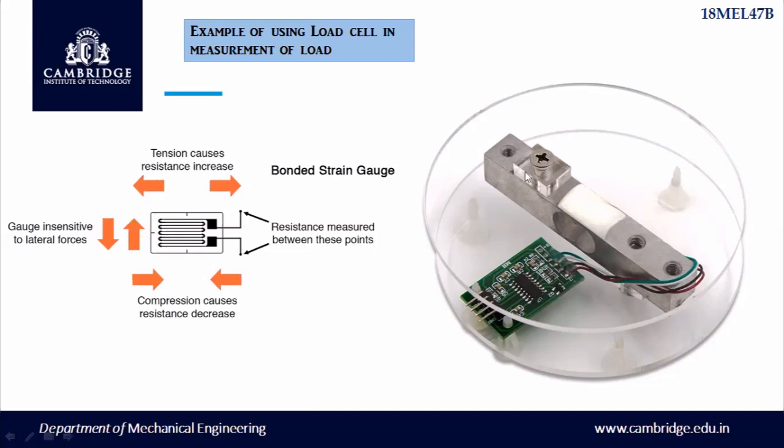And this is the strain gauge, which is pasted onto the component, designed to measure the strain. You can observe this image. Tension causes the resistance to increase, compression causes the resistance to decrease.